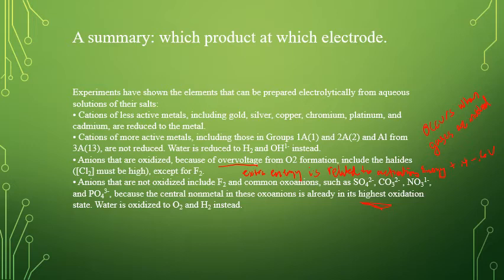So if it were to lose any more electrons, it would be coming from the core electrons in one of those inner shells. And so that would require a tremendous amount of energy, much more than it would take to have the water undergo that oxidation process instead.